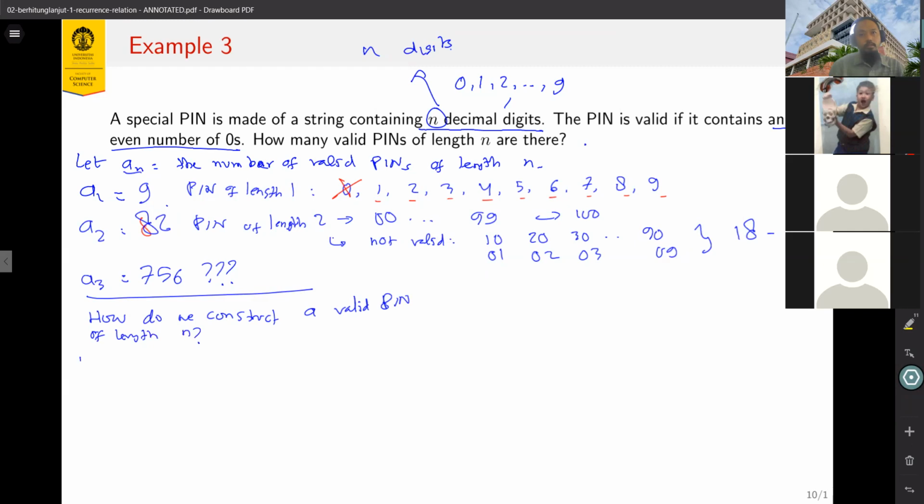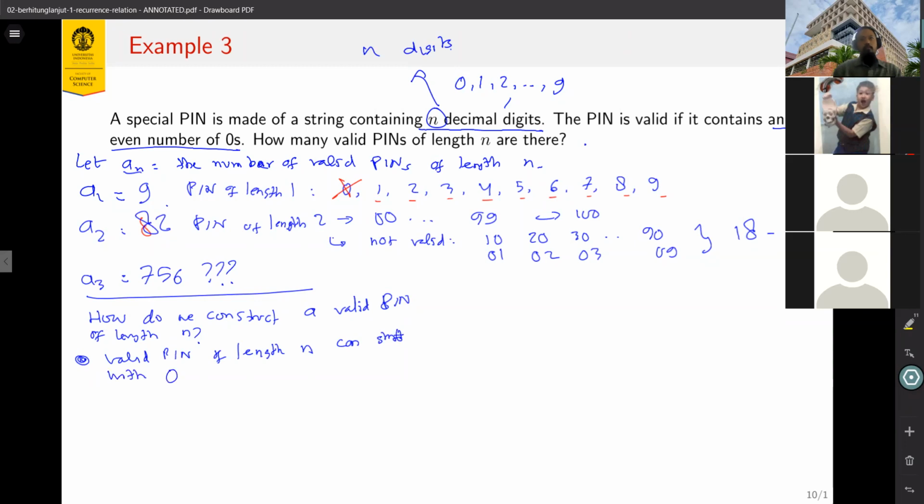Well, first, we know that a valid pin of length n can start with a 0.